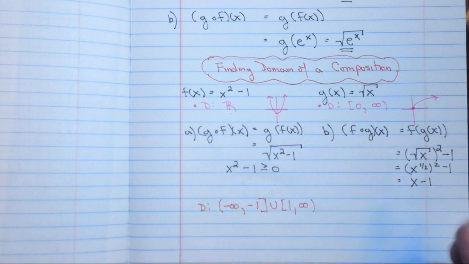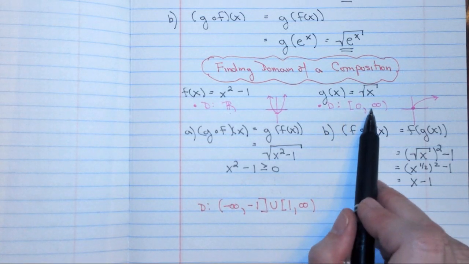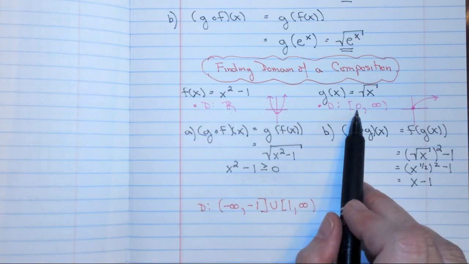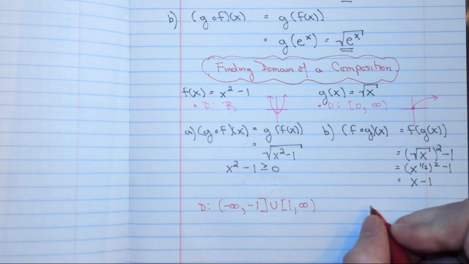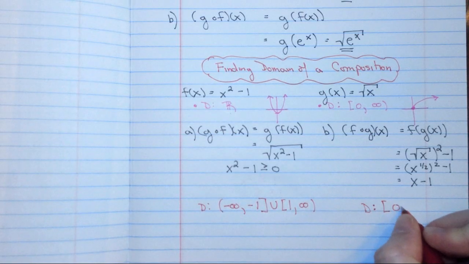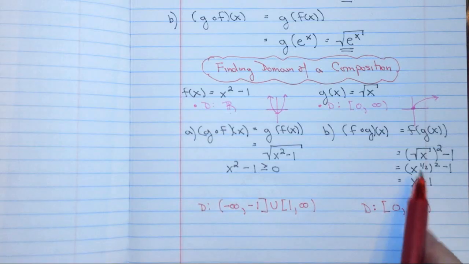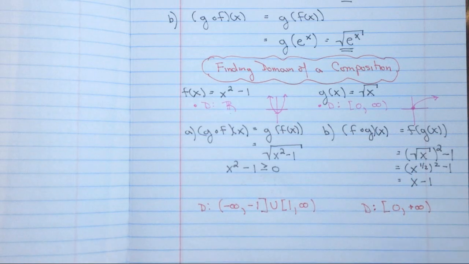But in reality, I have to meet the least domain possible. So in this case, the domain is going to be the same as g of x, which is 0 to positive infinity. Meaning if I put in a negative number, I will not be able to square root it. So that is finding the domain of a composition. Best of luck.